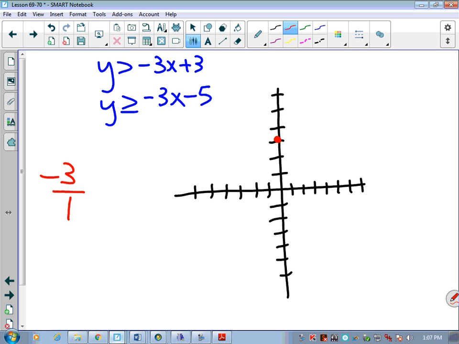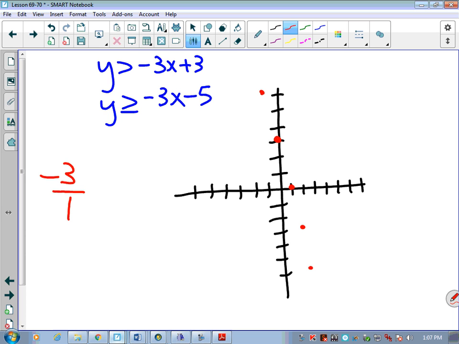So the negative always goes with the numerator. So I'm going down 3. That's the negative. The 1 is positive. So I'm there. Then I'm going to go 1, 2, 3 down, over 1. And I can do that same 1, 2, 3, back 1.